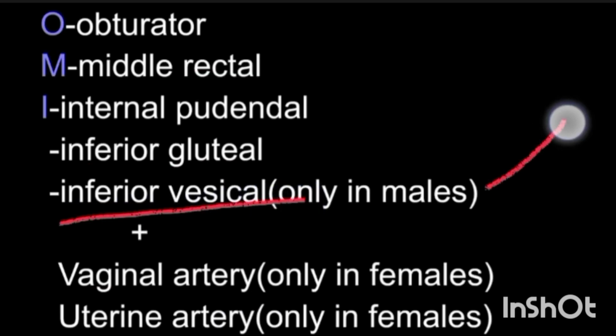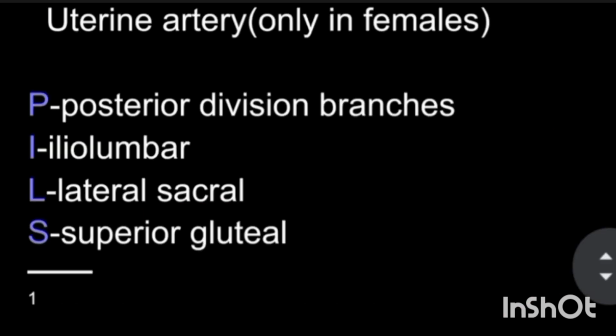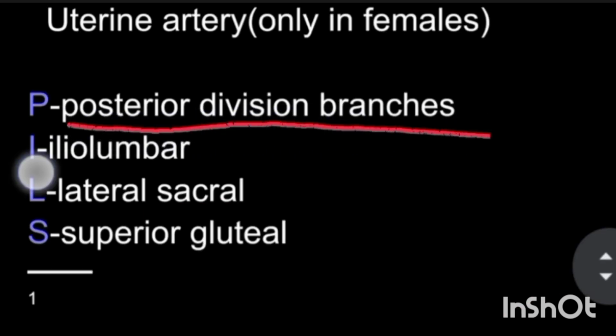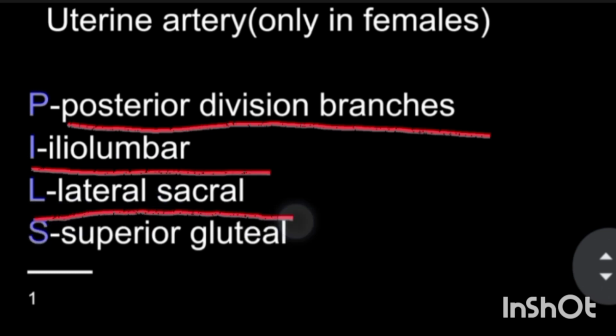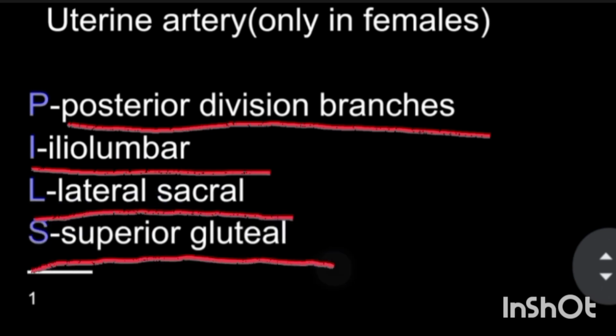It is seen only in males, and other two: vaginal artery only in females and uterine artery only in females. These are the branches of the anterior division of the internal iliac artery. For pills, P for posterior division branches: I for iliolumbar, L for lateral sacral, and S for superior gluteal.